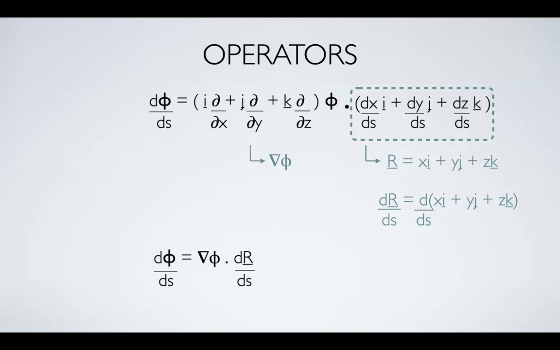So vector dot vector is scalar, definitely. Very good. Any questions from Zoom? Not yet. All right.